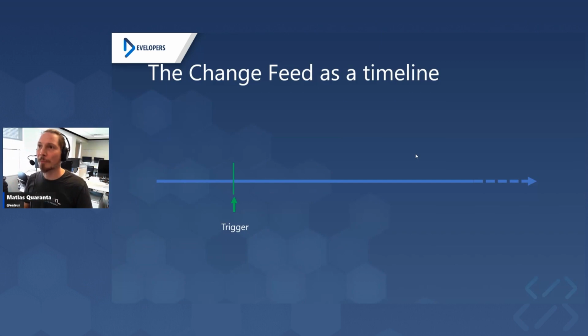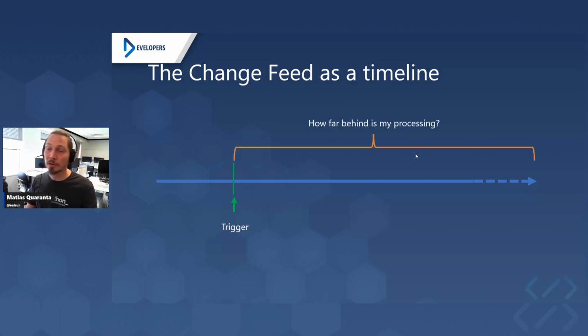So the question I've seen most commonly asked is, how far behind is my trigger? Am I processing in real time? Do I have any delays? Wouldn't it be cool if you could have a measure of how far behind your trigger is?